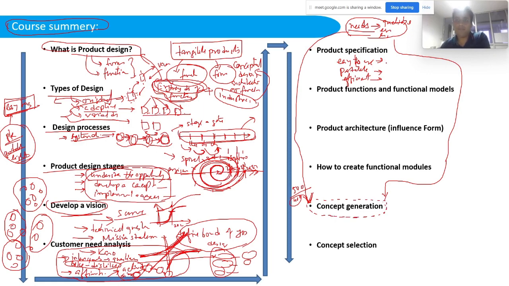So easy to use means, for a particular product, what may be easy to use. For example, for a bike, easy to use may be handling. If someone is saying bike handling has to be easy, that means you need to consider the weight distribution across the bike.